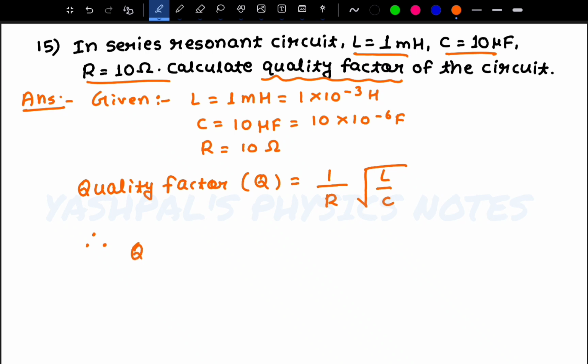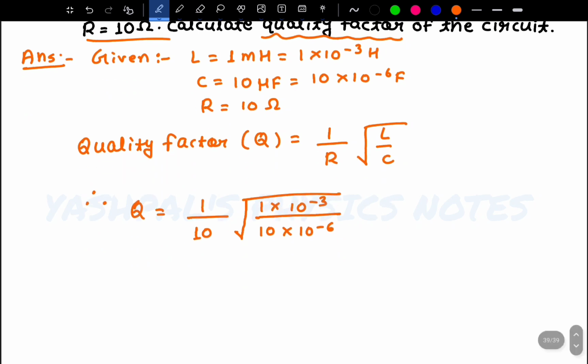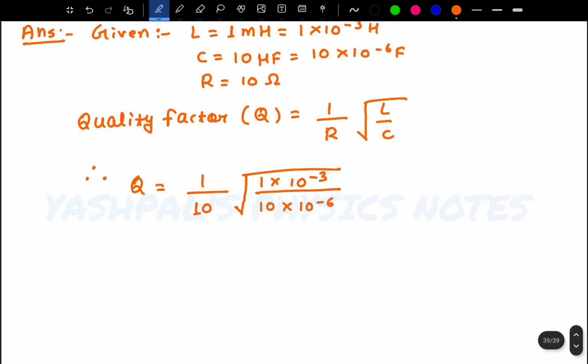Therefore Q is equal to 1 upon the resistance value, given as 10 ohm, right as it is, into the square root of 1 into 10 to the power minus 3 divided by the value of capacitance, 10 into 10 to the power minus 6. After calculation you will get the quality factor value as 1.